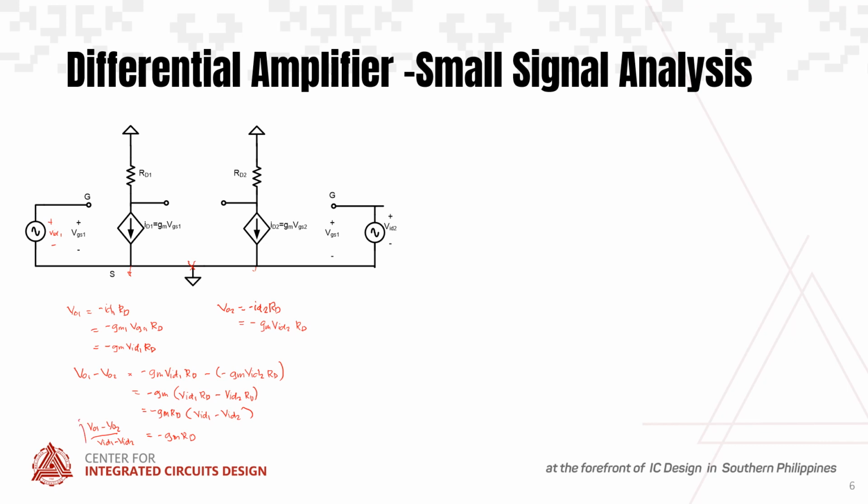And we know that this ratio here is our differential gain. So AD, or the differential gain, is equal to VO1 minus VO2 over VID1 minus VID2, which is equivalent to negative GM RD.